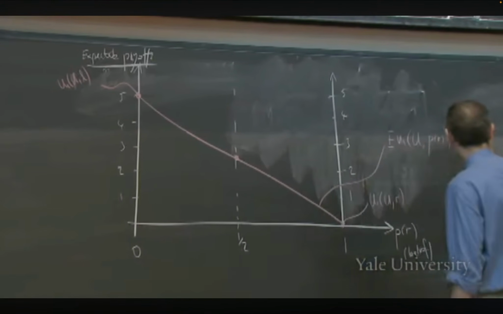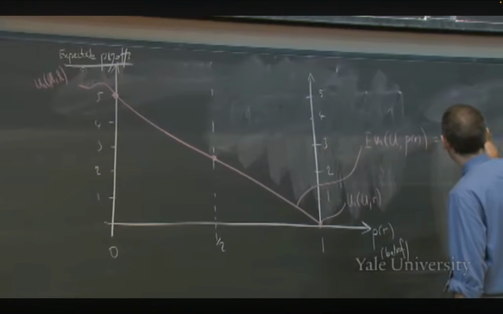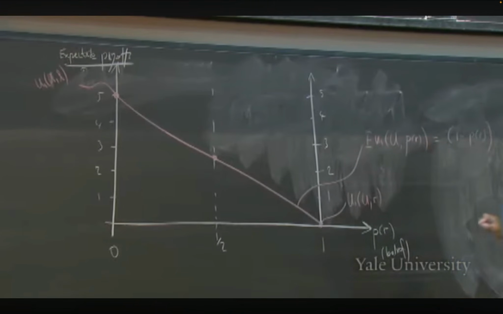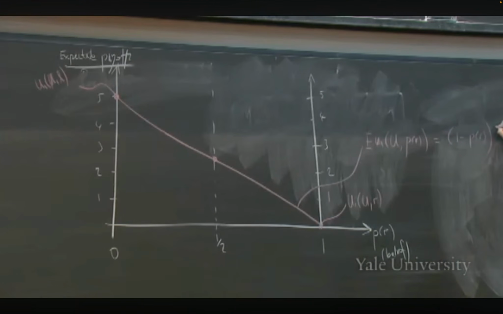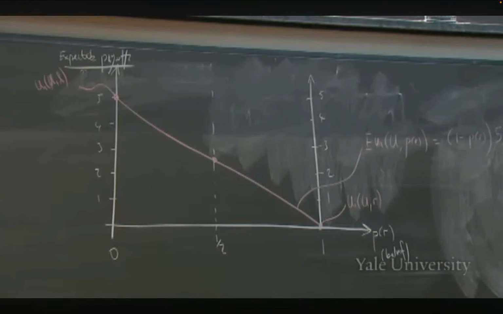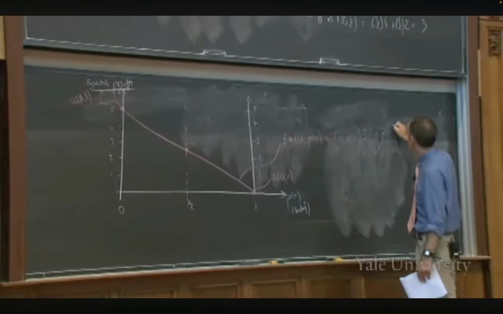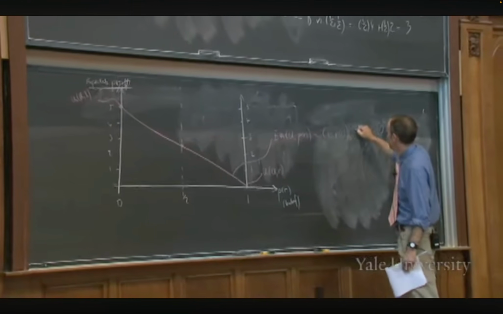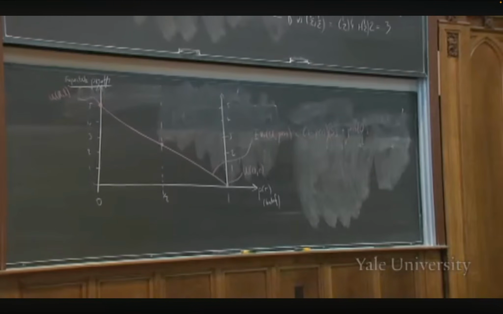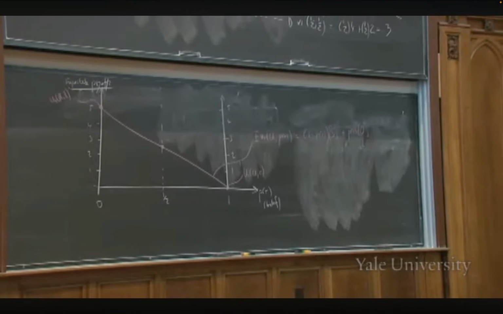The equation is 1 minus the probability that they choose right, in which case I get a payoff of 5, plus the probability that they choose right, in which case I get a payoff of 0.